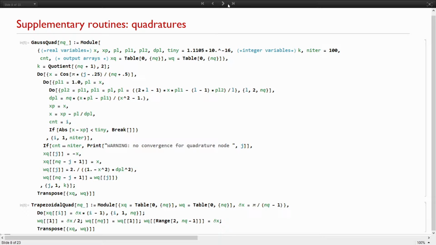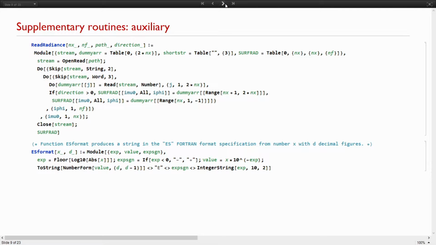They are basically integration routines, quadrature computations, and file reading and printing.